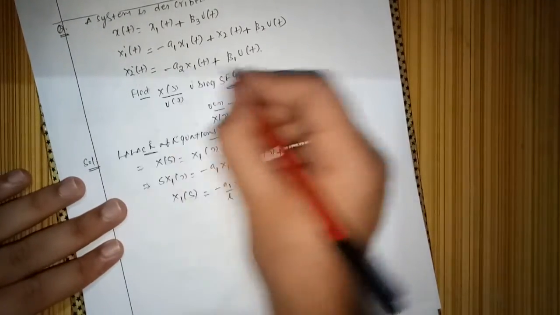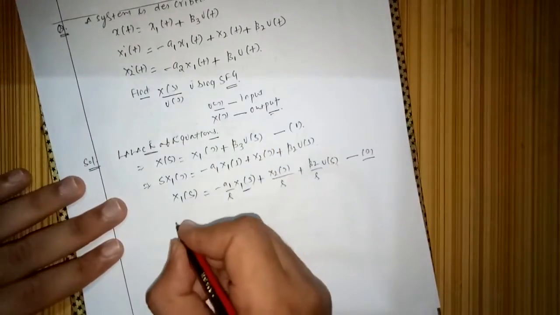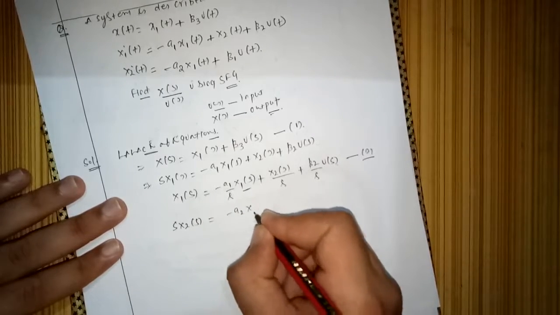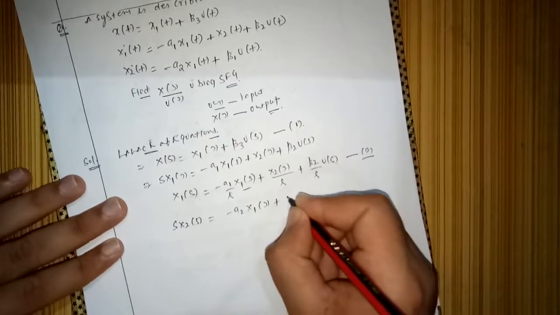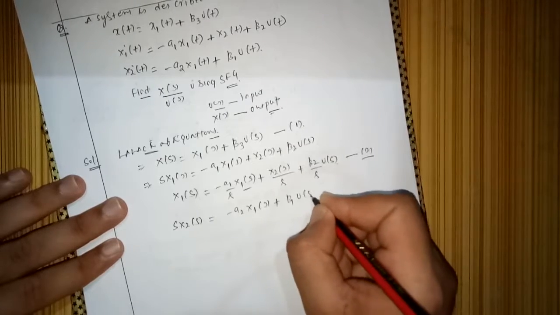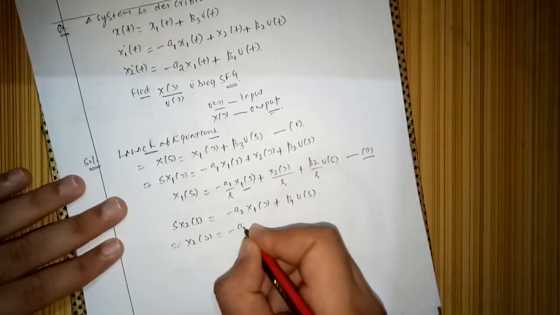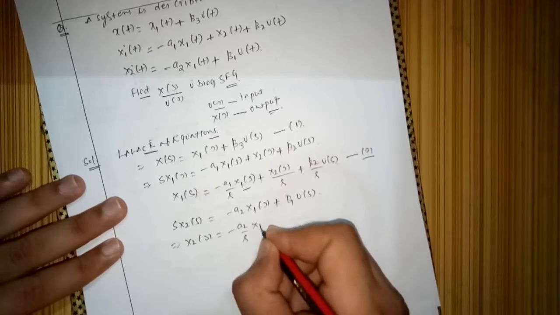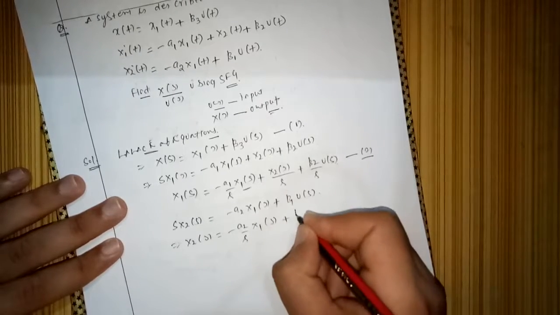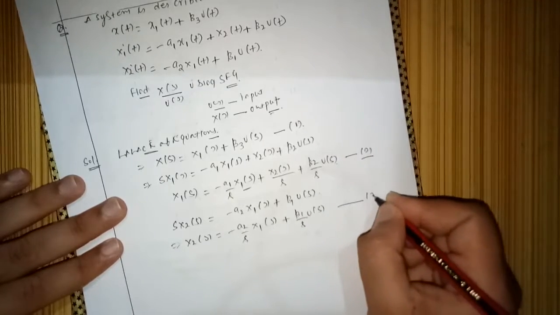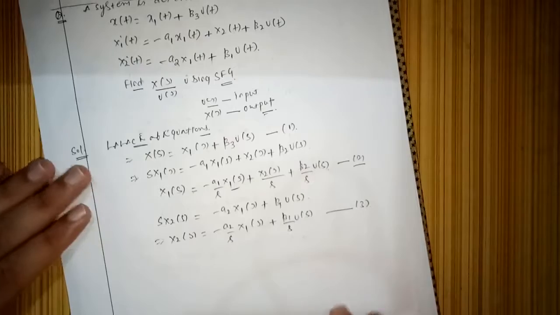And for the third one, taking the Laplace of the third equation, s x2(s) is equal to minus a2 x1(s) plus beta 1 U(s), right? So x2(s) will be equal to minus a2 by s x1(s) plus beta 1 by s into U(s). This is our third equation.